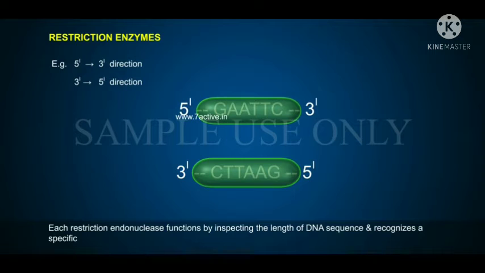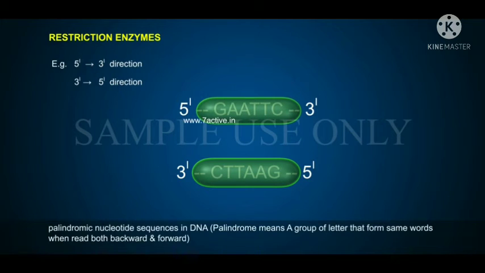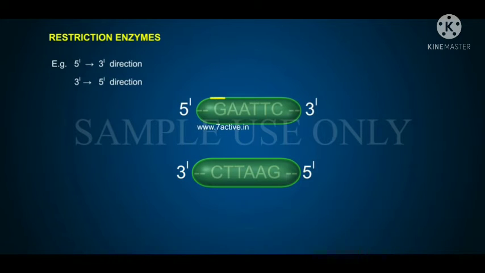How does EcoR1 work? We have two sequences: the first is in the 5' to 3' direction, the other in the 3' to 5' direction, but both have the same sequence. Hence they are known as palindromic sequences, because they read the same when read from both the forward and backward direction, that is GAATTC.